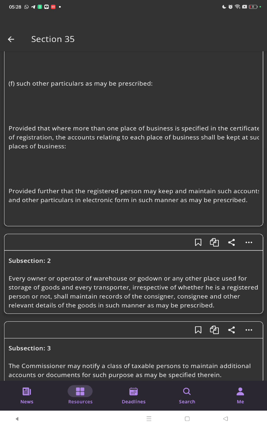Provided that where more than one place of business is specified in the certificate of registration, the accounts relating to each place of business shall be kept at such place of business.